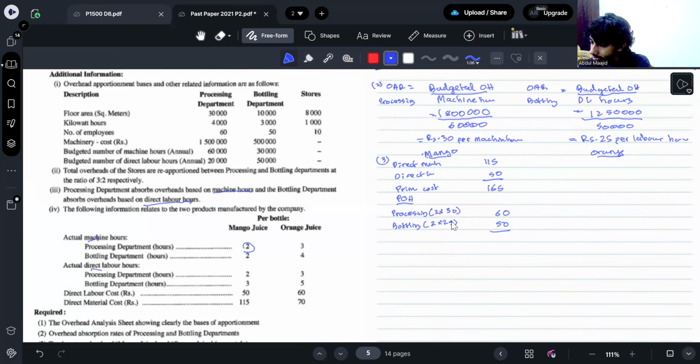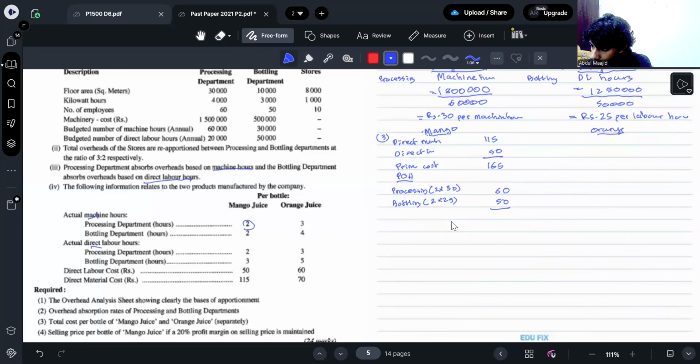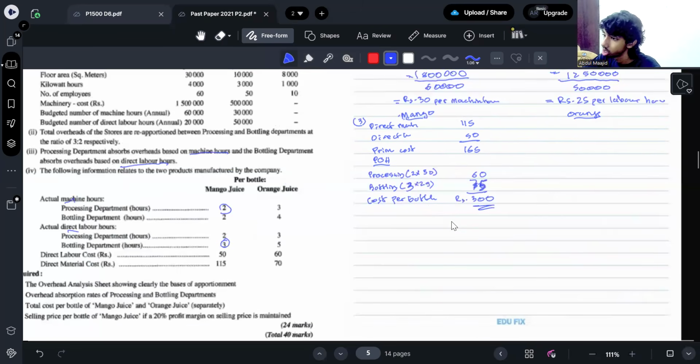Bottling department is using labor hours. So labor hours, you are using 3 hours. Okay, so 3 into 25 is 75. Then cost per bottle of mango juice is 165 plus 60 plus 75, rupees 300 per bottle of mango juice.